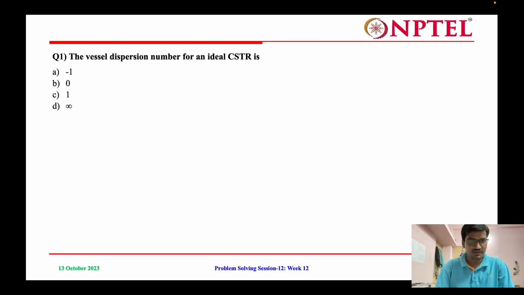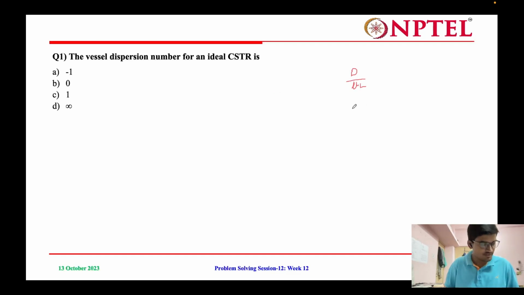Question one: the vessel dispersion number for an ideal CSTR is. The dispersion number is defined as D by UL.